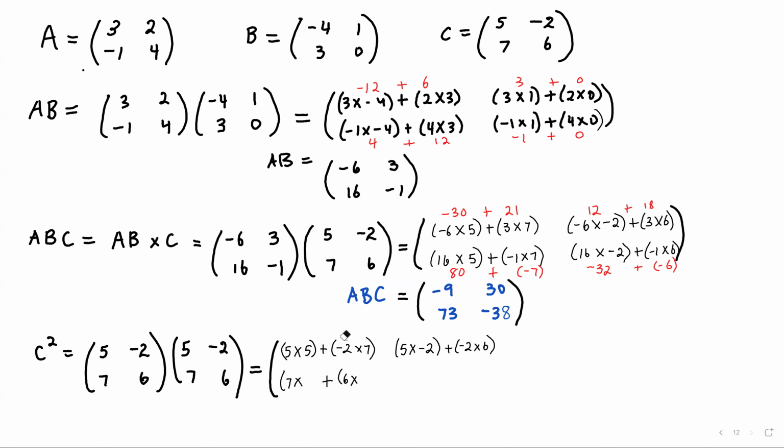See, it's really easy to make mistakes there, so you have to be careful. Row 2 times column 1, so 7 times 5 plus 6 times 7. And then row 2 times column 2, so 7 times -2 plus 6 times 6.